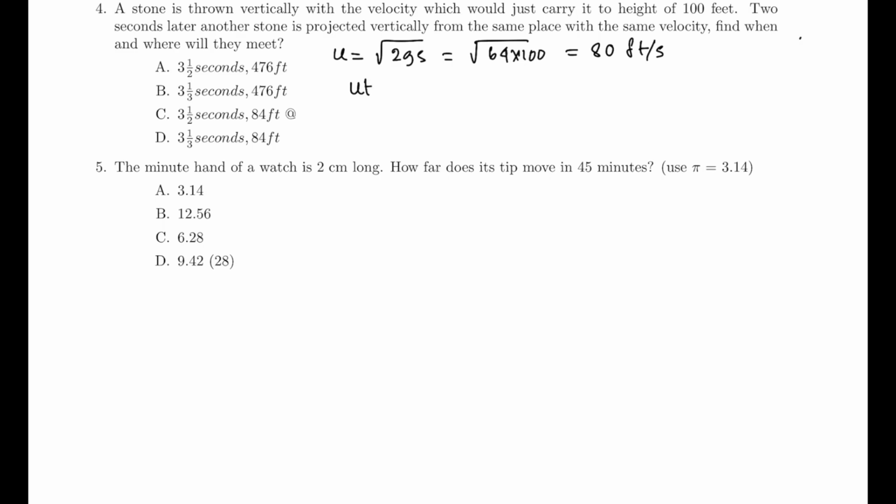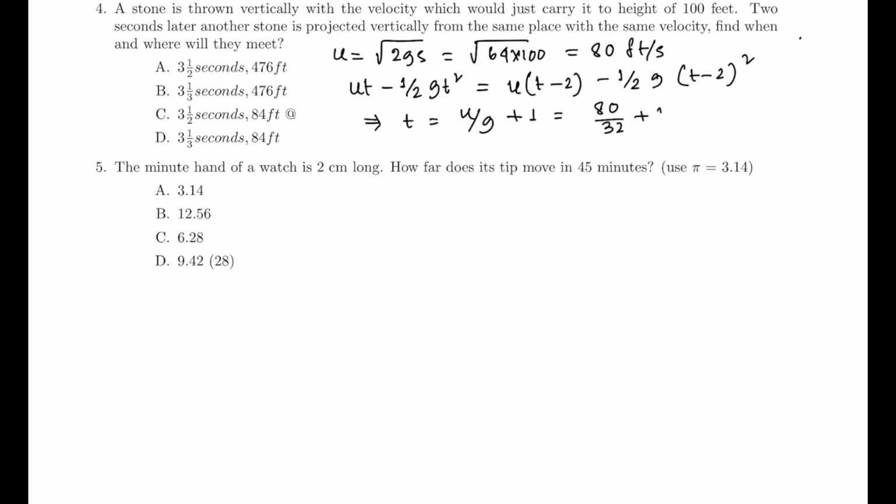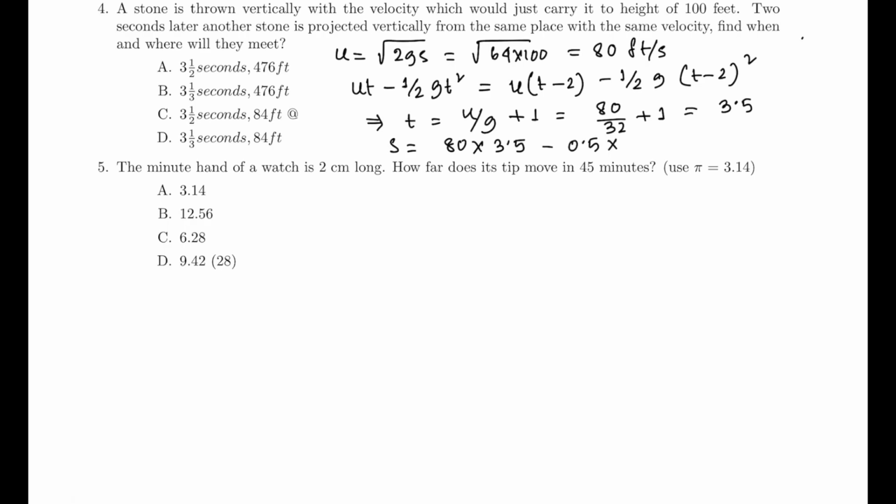So the later particle would have a displacement ut minus half gt square, and the particle that was thrown earlier would have a displacement of ut minus half g(t+2) square, and if you simplify this, you will get t equals u by g plus 1, which is 80 by 32 plus 1, that will give t as 3.5, and for the displacement you can use 80 into 3.5 minus 0.5 into 32 into 3.5 square, that will give you 84 feet. Okay, option C.